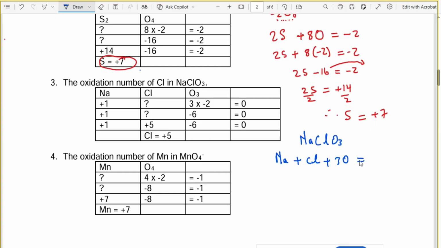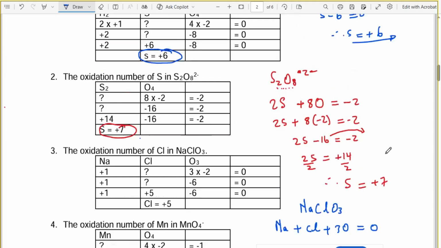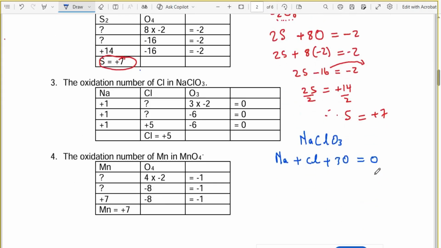When we add this, it's not an ion, so the sum should be 0. If it's an ion, we equate to the charge of the ion, but if it's not an ion, the sum of the oxidation number should be equal to 0.